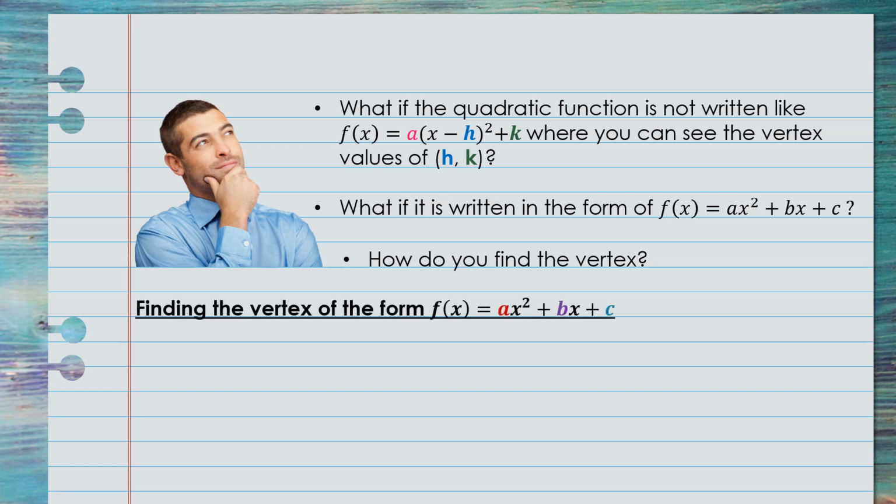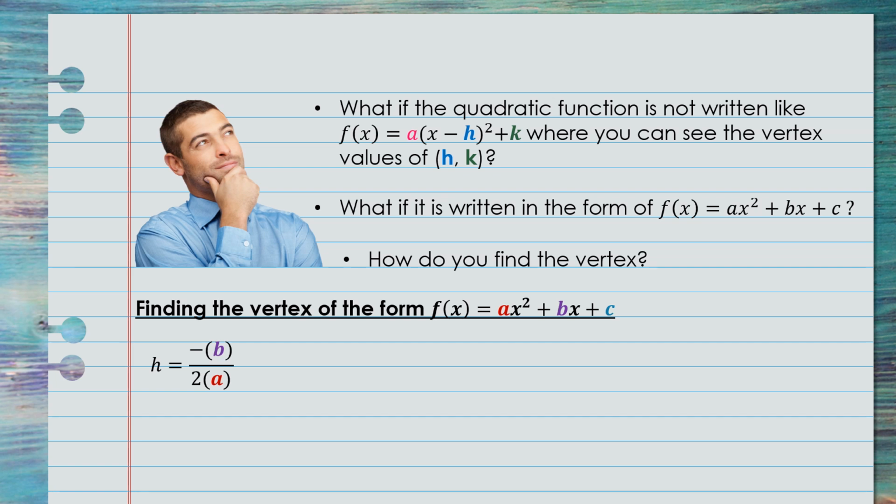To find the vertex of the form f of x equals ax squared plus bx plus c, you have to go and find it. To find the h value, you find -b over 2a, where b is the coefficient of the middle term and a is the leading coefficient.